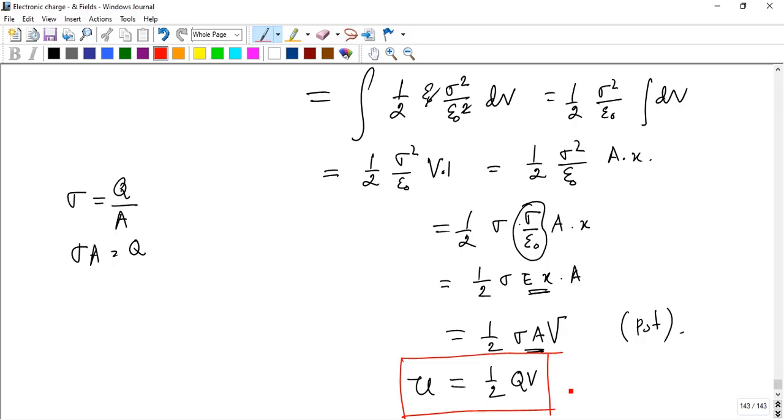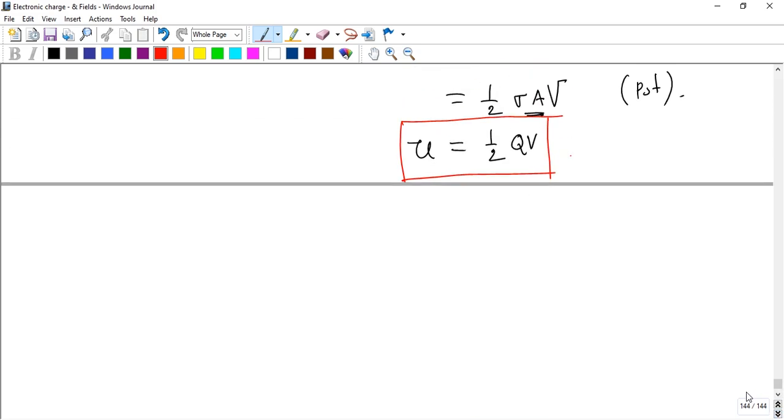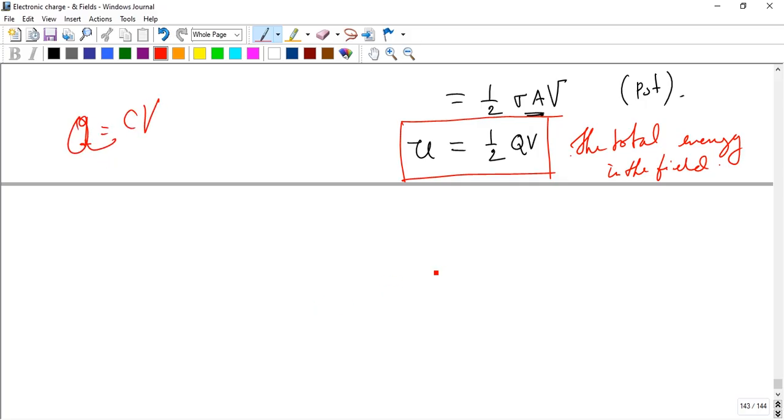The energy stored in the capacitor. The total energy actually created by the field. So the total energy in the field. Now Q equal to CV, so put half CV times V, that is half CV square.